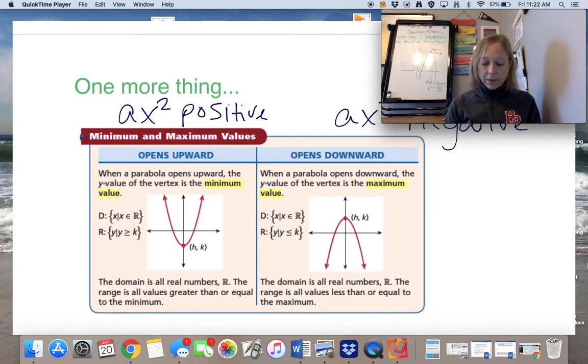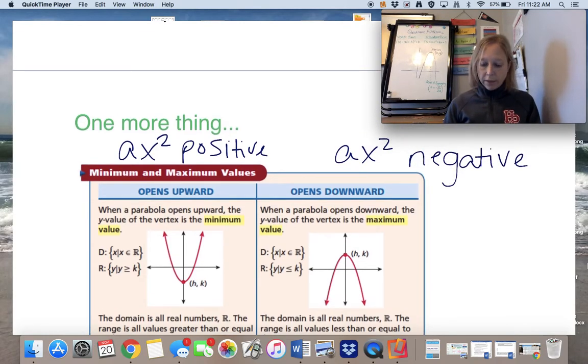When it opens downward, we say that the parabola has a maximum value because there's this maximum height that the parabola reaches. If it opens upward and a is positive, the parabola is said to have a minimum because the parabola has a bottom that it bottoms out at. It has a minimum value it reaches.